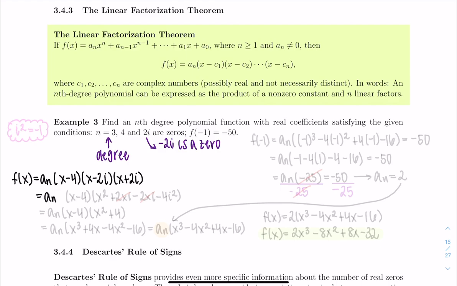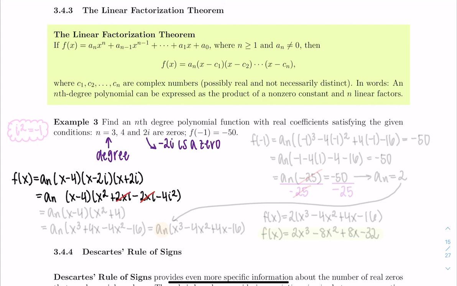I'm going to multiply the x minus 2i and the x plus 2i first. That gives me x squared plus 2xi minus 2xi minus 4i squared. And so those two middle terms are going to cancel.